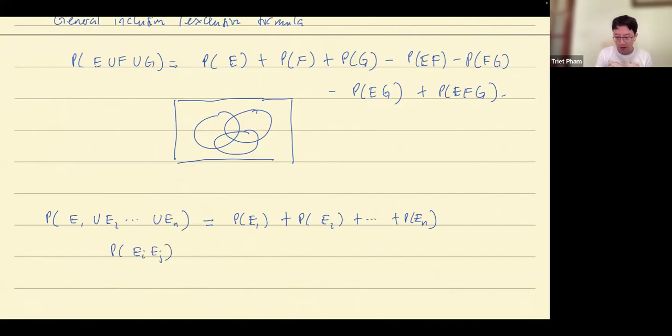And of course, now it's very tiresome to list out all pairs. So you use this notation with I less than J. Let me explain.